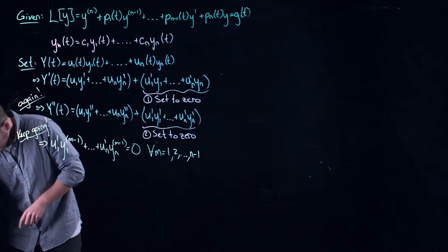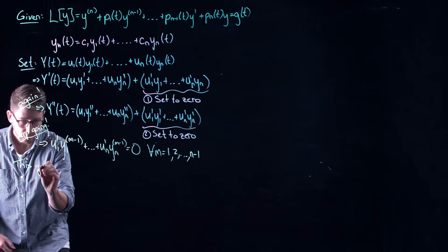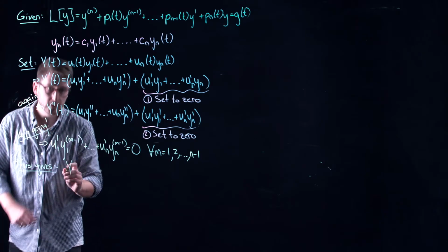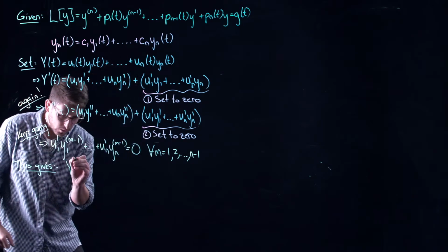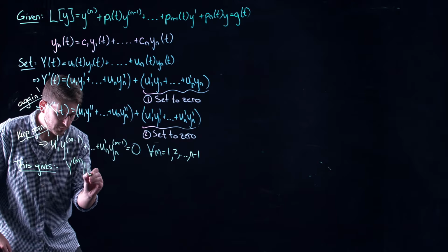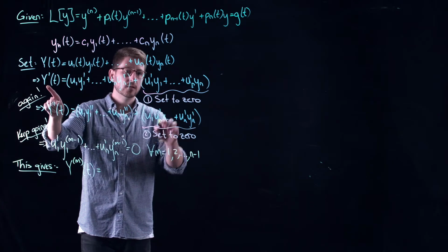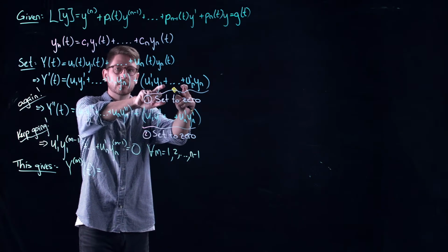And so what happens here is that this gives your capital Y of t, if you go take all of these derivatives, these mth derivatives. Well, the first time you did it, you got this piece right here only because we set this to 0.